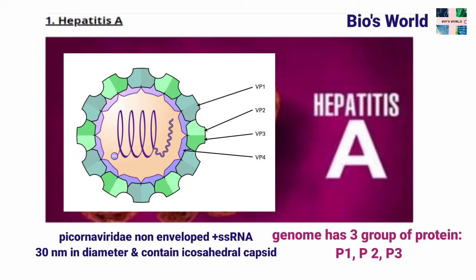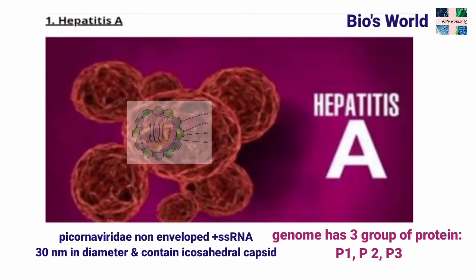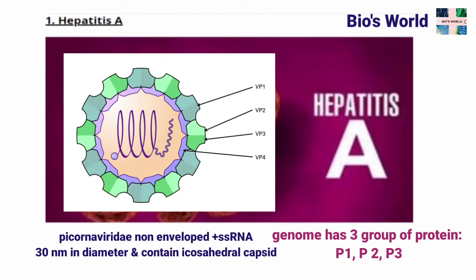This virus infects the epithelial cells of the small intestine and hepatocytes of primates. Viral replication predominantly occurs in the liver and the virus is excreted via the bile into the colon and then transmitted fecal-orally.